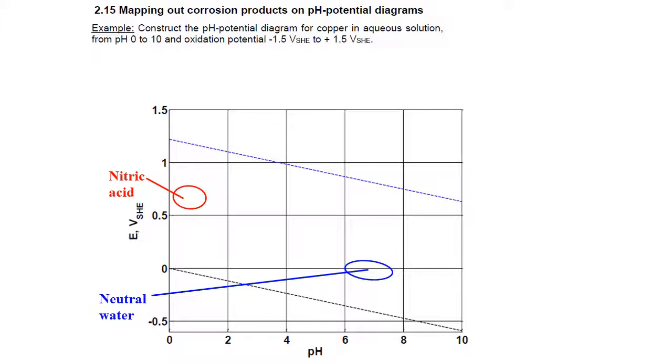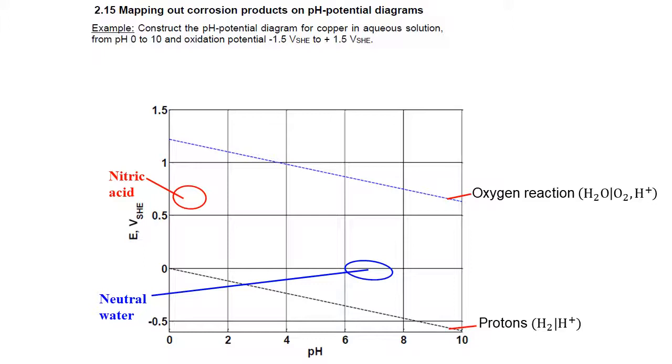The two dashed lines on the diagram are guidelines for the two most important oxidizing agents in water. The dashed black line at the bottom is the hydrogen line. Hydrogen ions in solution are somewhat oxidizing to things like metals, and any aqueous solution has some hydrogen ions, and once you find out the pH, you can work out the redox potential of this dashed black line.